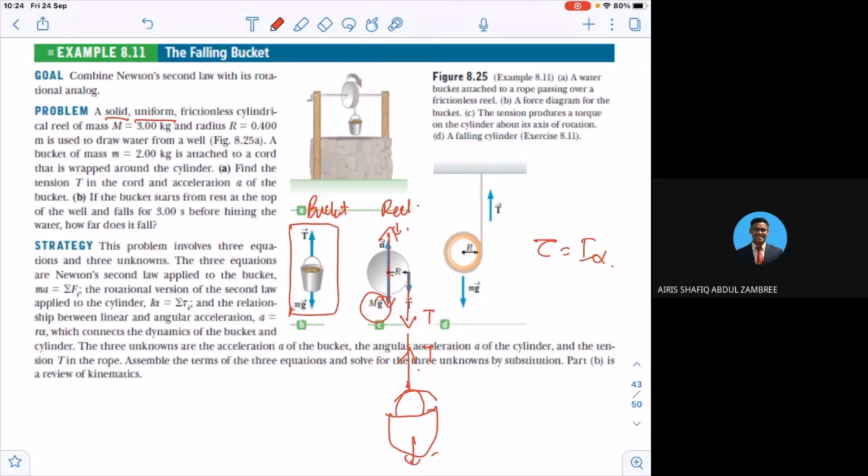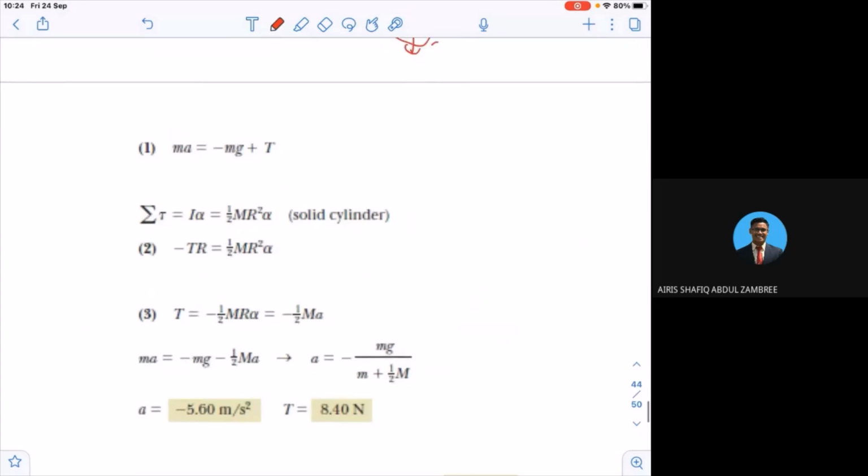This is very tricky when you lack imagination on how to put the forces on the reel. So find the tension T. This is how they get it.